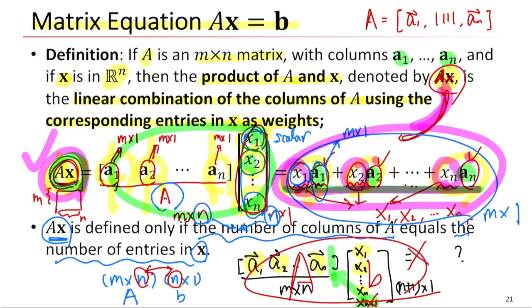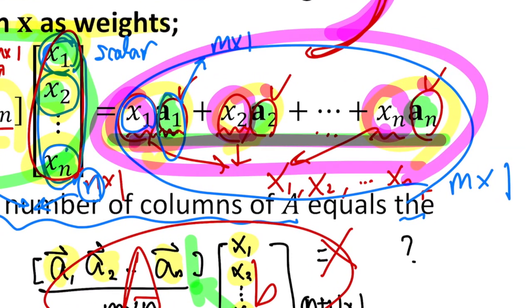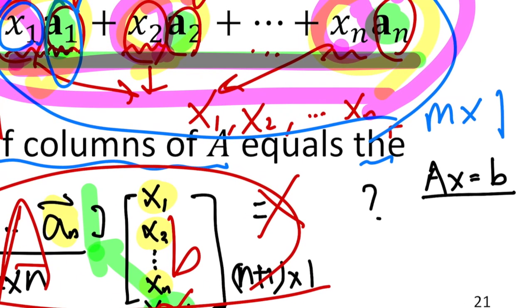Okay, let's see here. The goal of this section, or this chapter, is to solve Ax equals b. We now know that Ax is in the span of what? The column vectors in A, right?